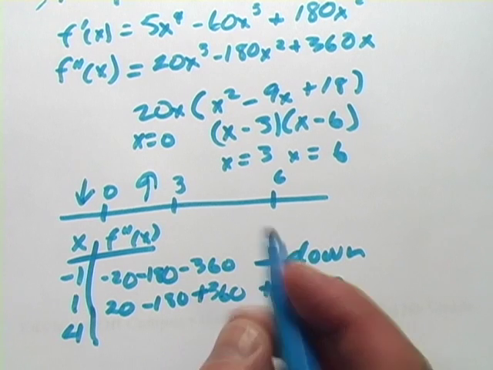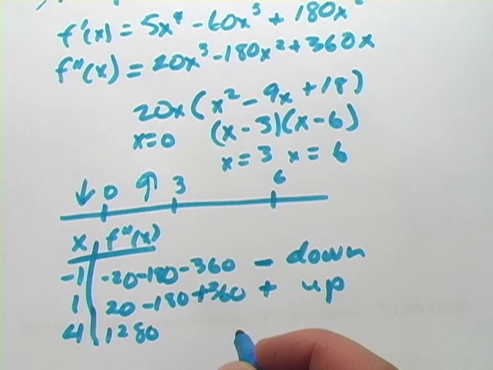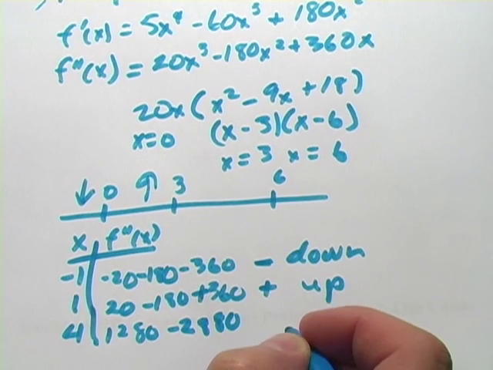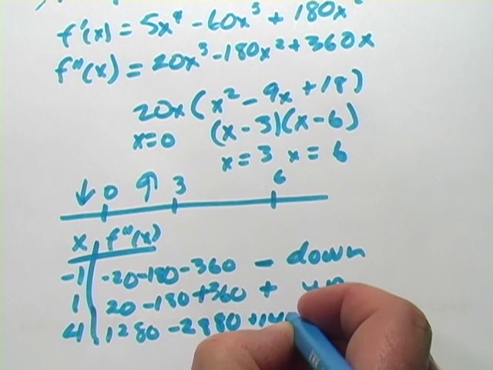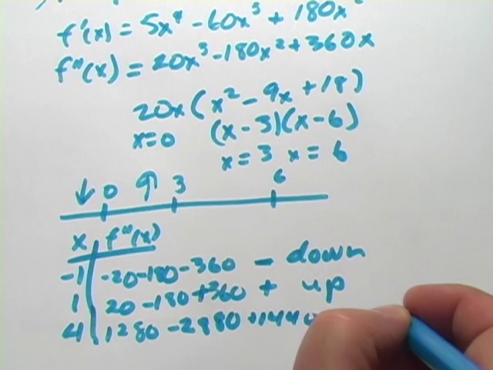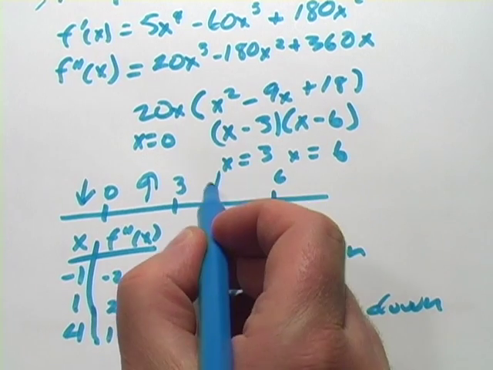So I think this is 1280, and this is 2880, and this is 1440. You might want to double check my math on that. And that looks like it's going to be a negative number, so this is concave down in this region.